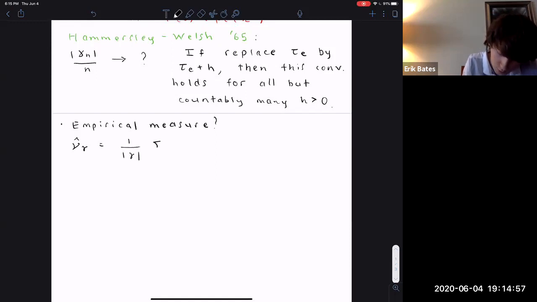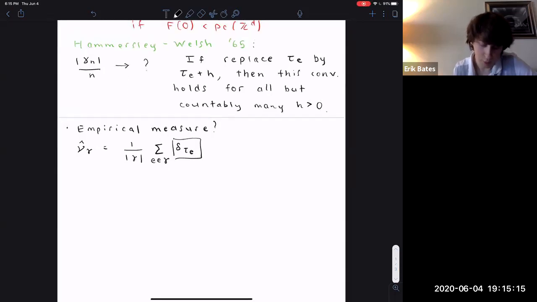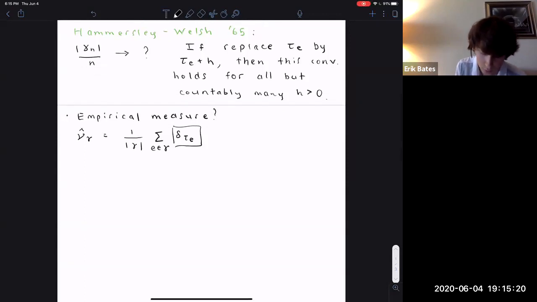I'm going to divide just to normalize here by the length of gamma. So you sum over the edges of the path, and you look at what is the edge weight at that edge, tau e, and then I'm just going to put a Dirac delta mass associated to that edge and add them all up, and then divide by the length of the path to get a proper probability measure.